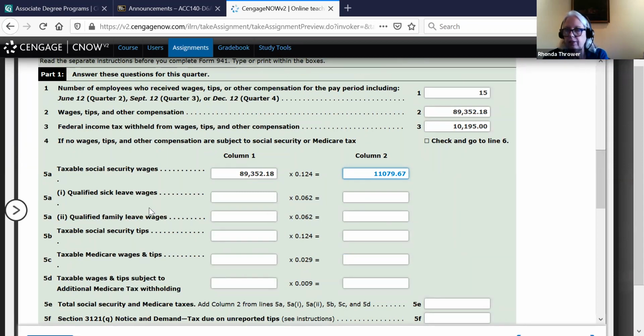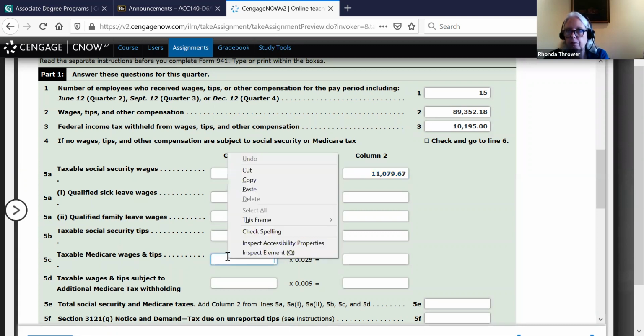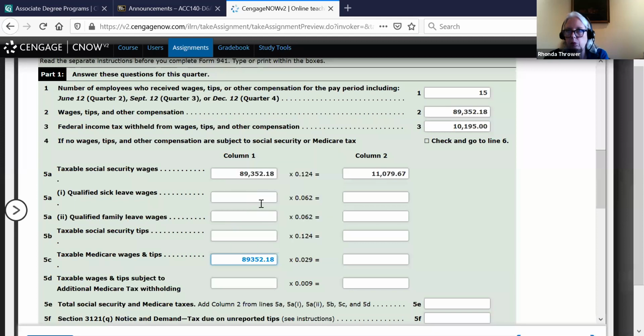We didn't have any sick leave wages that were mentioned, so just skip 5A1, Part 1. For 5A2, Part 2, the qualified family leave wages, there was none of that. There were no tips that were mentioned, but we do have taxable Medicare wages and tips. It's the same amount that we used for the Social Security wages.